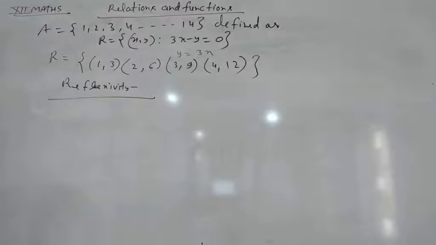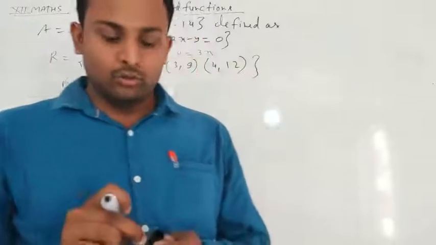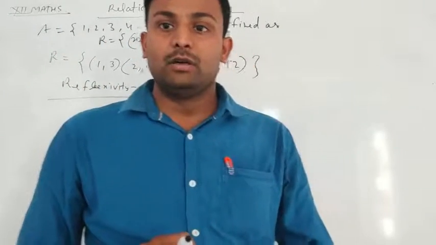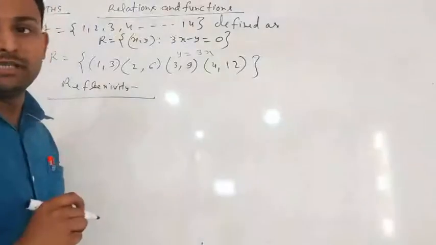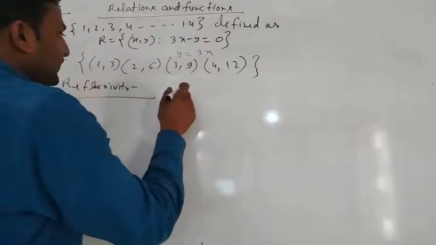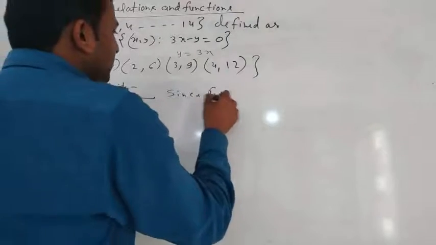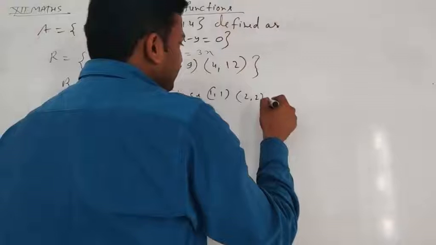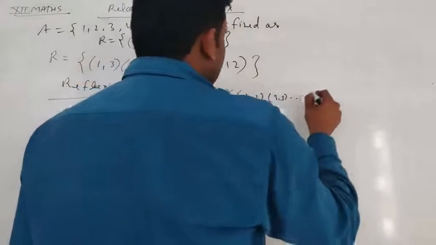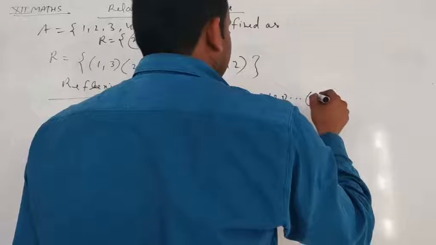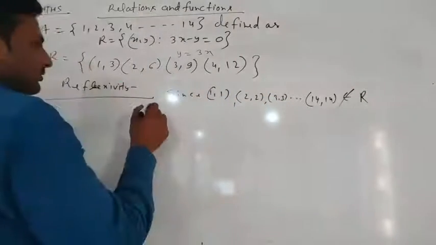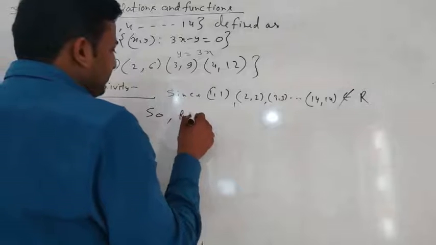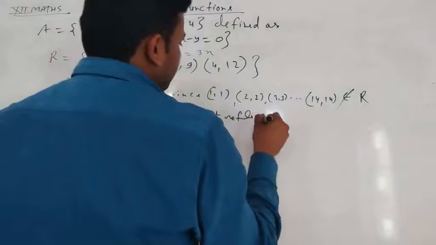Is it reflexive or not? You know that for a relation to be reflexive, (a, a) must belong to R. We see that the elements 1, 2, 3, 4, 14 are given in the set, but here we do not see (1, 1), (2, 2), (3, 3), (14, 14) belonging to R. So R is not reflexive.